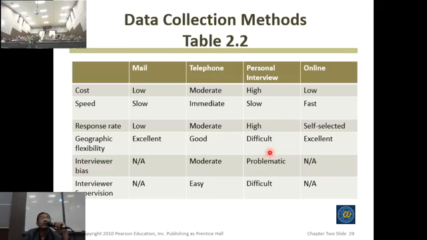Geography is difficult: if you want to interview someone in Kedah and someone in Johor, you have to go there personally. Interviewer bias is problematic, because sometimes we the interviewers are biased. We lead the questions because we want to hear the answer, I like the product. So you lead the question so that the answer is, I like the product.